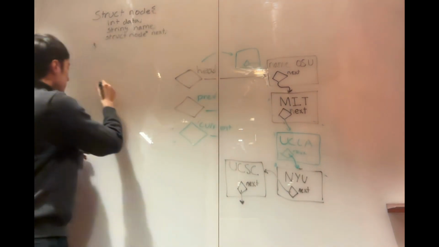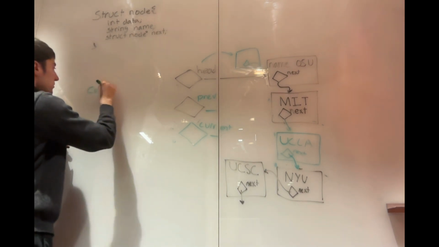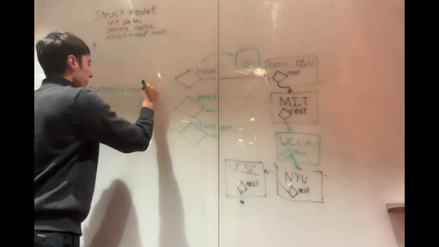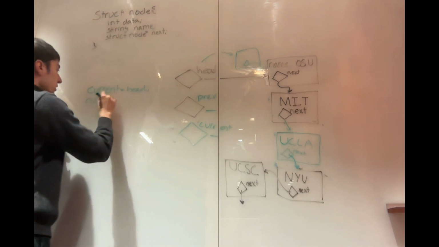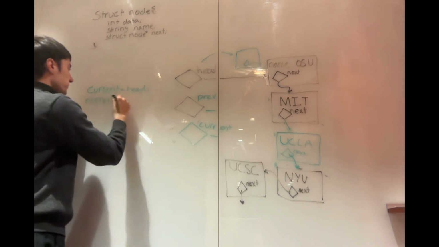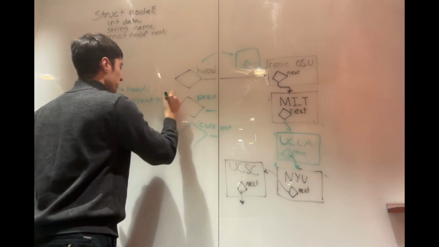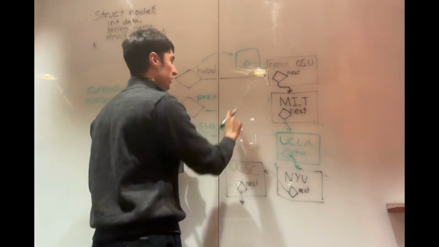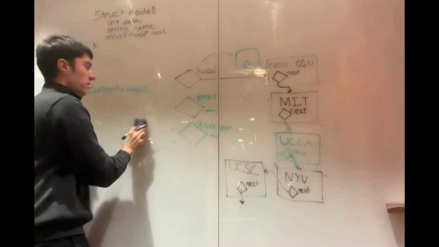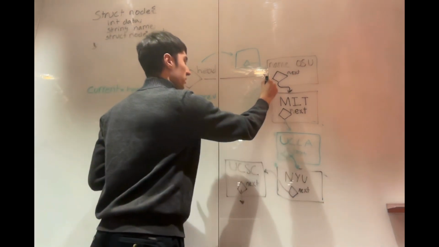So current equals head, and then current equals current next. Okay, so current here. I don't know why I did that actually. That doesn't make any sense. So current equals head, points it there. Okay.